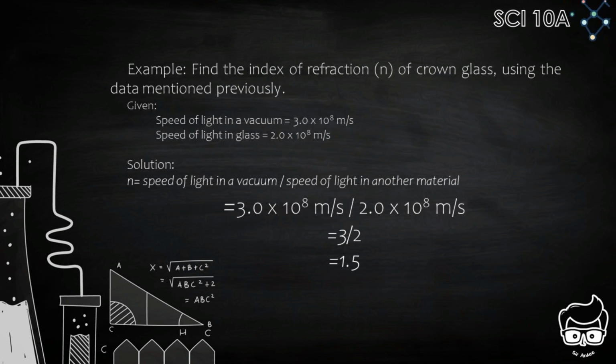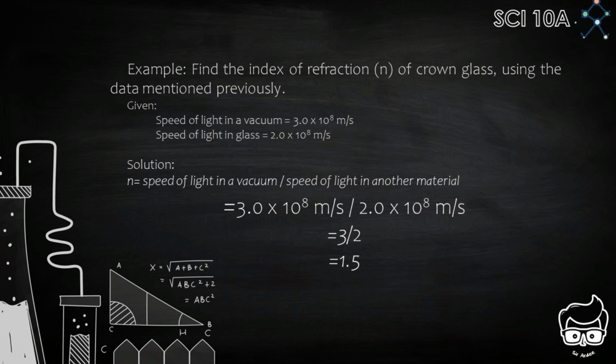For example, find the index of refraction, or N, of ground glass using the data mentioned previously. We have given speed of light in a vacuum, which is equal to 3.0 times 10 raised to positive 8 meters per second. Another, speed of light in glass, which is equal to 2.0 times 10 raised to positive 8 meters per second.